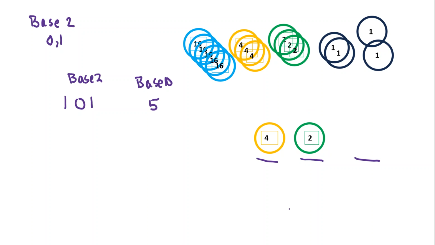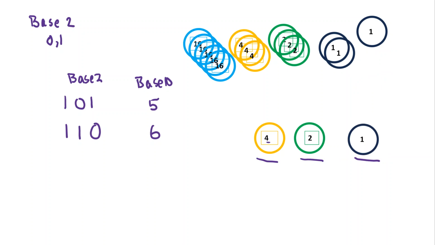So now I don't have any 1s. I have 1 2 and I have 1 4. In base 2, this would be the number 110. In base 10, I take 4 times 1 plus 2. Oh, that's 6. That is the next number. What happens if I want to count a little more? Now I'll bring a 1 down.